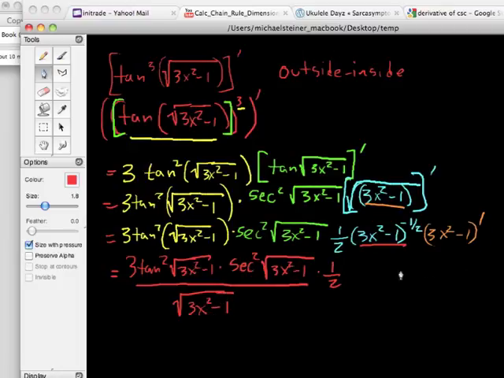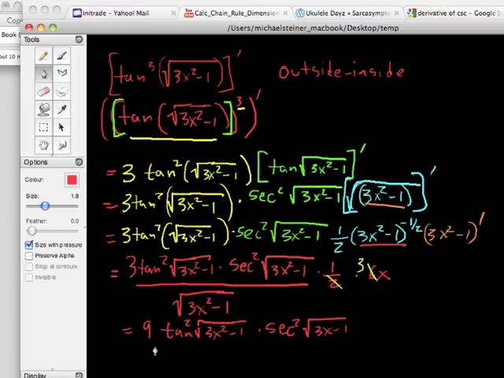And what's the derivative of 3x squared? We didn't finish that one. That is times 6x. So we do have some cancellation here. This one cancels with this and leaves 3. So we get 9 tangent squared of the square root of 3x squared minus 1 times secant squared of the square root of 3x squared minus 1 all over the square root of 3x squared minus 1.